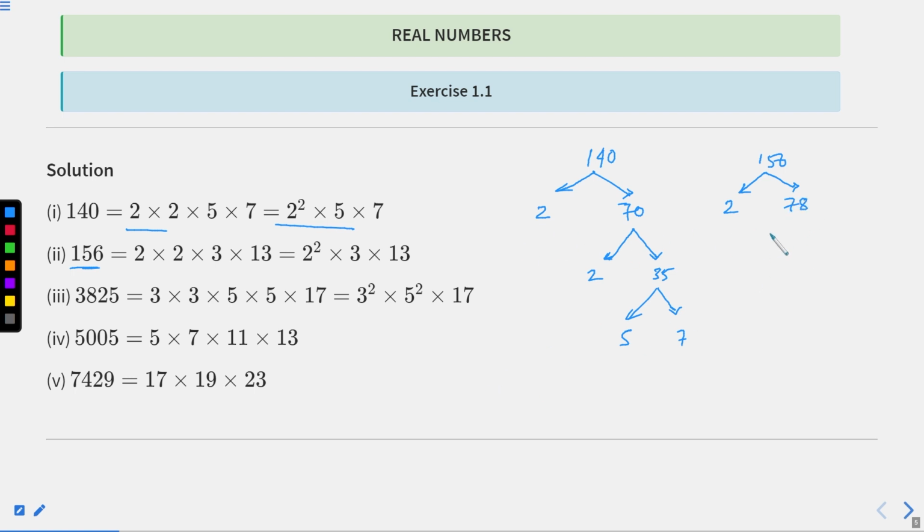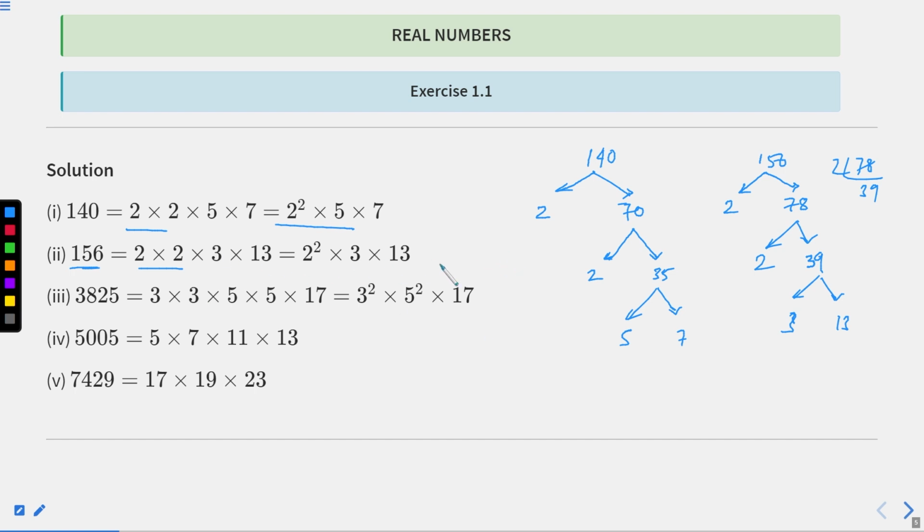Then 78 has divisors 2 and 39, and the divisors of 39 are 3 and 13. So 156 can be factorized as 2 into 2 into 3 into 13, that is equal to 2 square into 3 into 13.